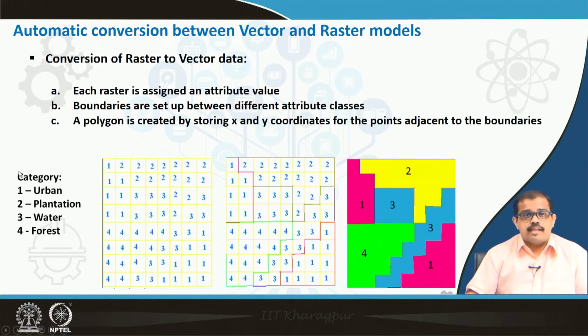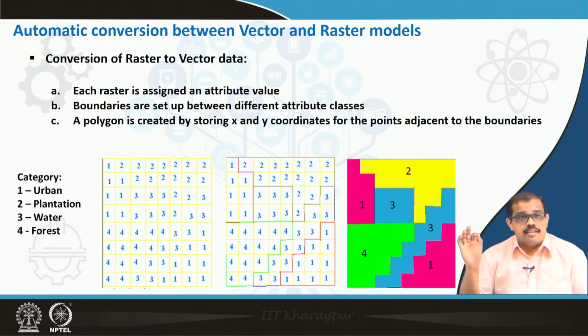Each raster is assigned an attribute value. I said attribute information is extremely important, and that attribute information can be urban, plantation, water and forest, as simple as that. Now, boundaries are set up between different attribute classes.